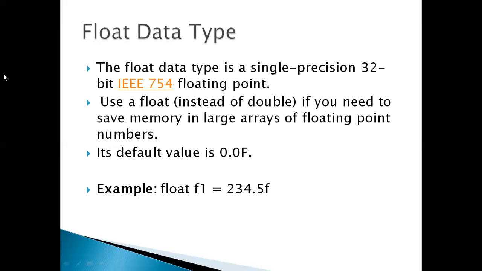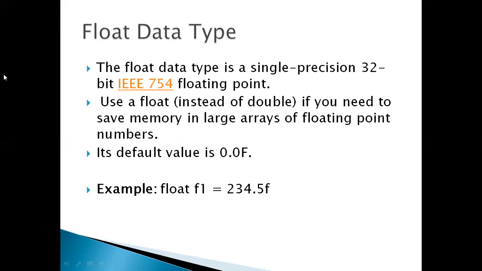Then comes the float data type. The float data type is a single precision 32-bit IEEE 754 floating point. So it is single precision and it is 32-bit. The data type stores floating point numbers of size 32 bits. By floating point number, we mean decimal numbers. Use a float if you need to save memory in large arrays of floating point numbers.